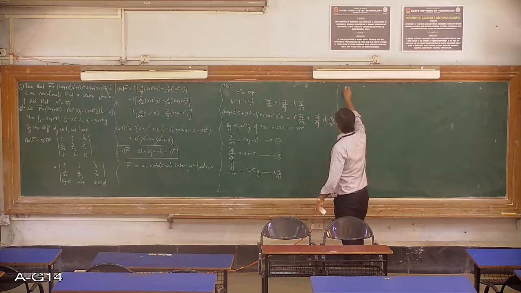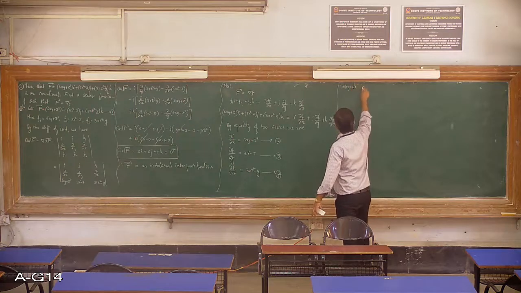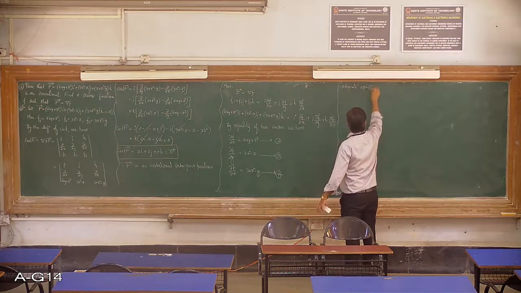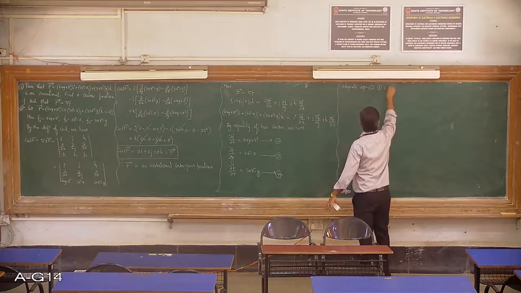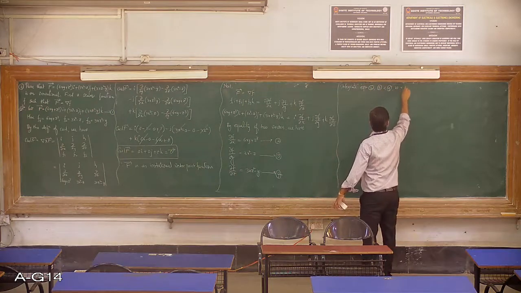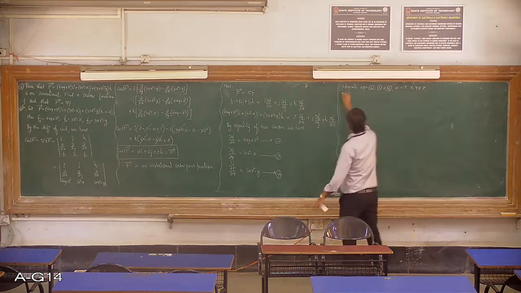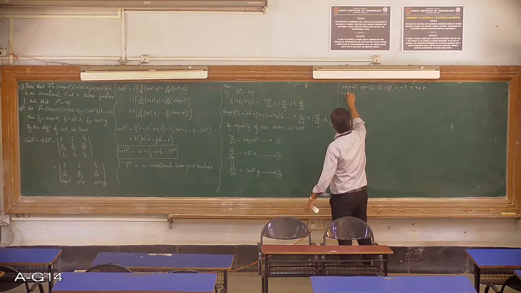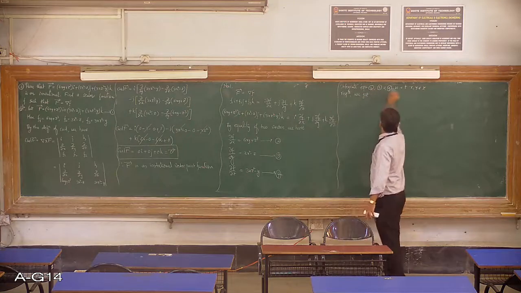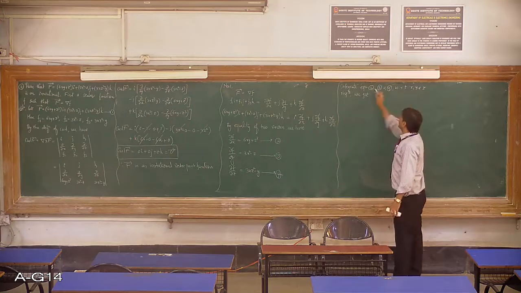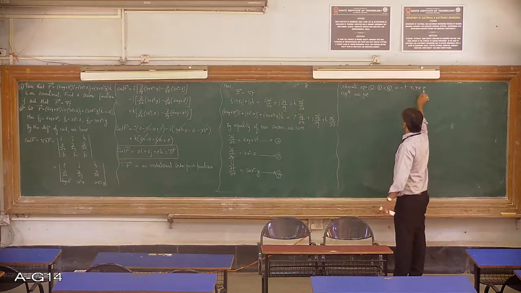Okay, so now I'll say integrate equation 2, 3 and 4 with respect to x, y and z respectively. That means equation 2 will be integrated with respect to x, 3 with respect to y, and 4 with respect to z.